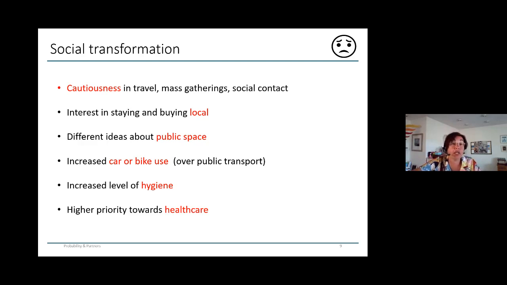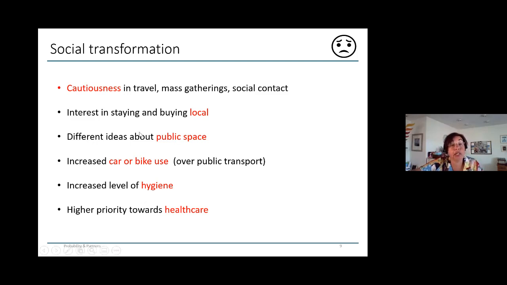So this trend is characterized by things like cautiousness in travel, in mass gatherings, but even in individual social contact. But then it trickles through towards other aspects of, let's say, consumer behavior, urban development, transportation, and so on.